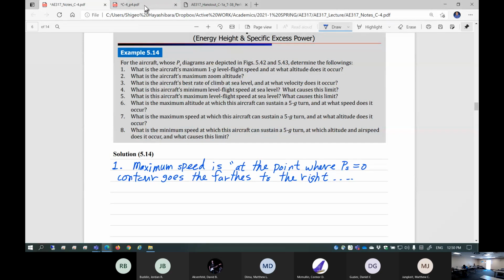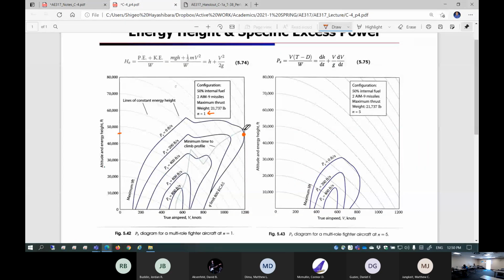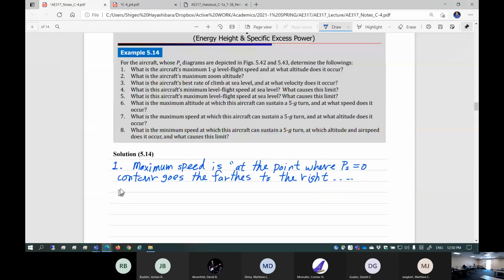This is going to represent, once again, this point, so 1200 at 45,000. So airspeed, 1200 knots true airspeed, and altitude H, 45,000 feet.